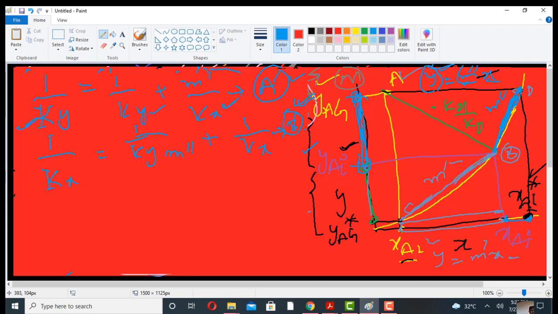Some gases are very soluble in the liquid. For example, ammonia is very soluble in the liquid, so the only resistance to the transport of ammonia will be provided by the gas. So this part will not be negligible and this part will be negligible. In case of ammonia, 1 divided by Ky will be approximately equal to 1 divided by ky.